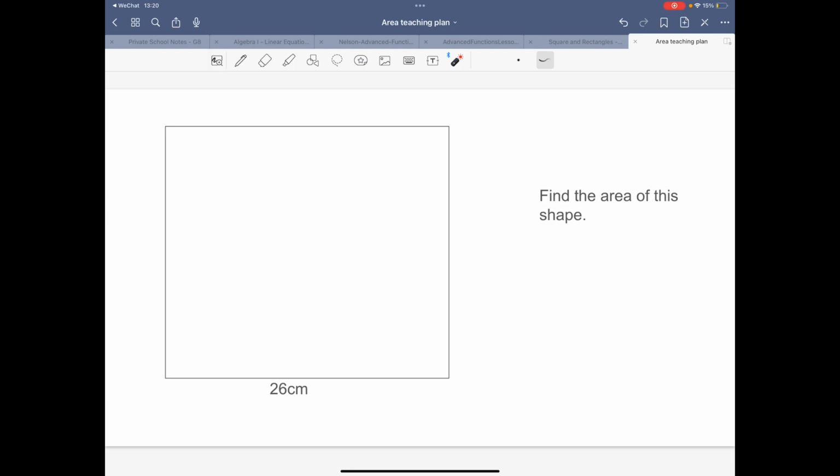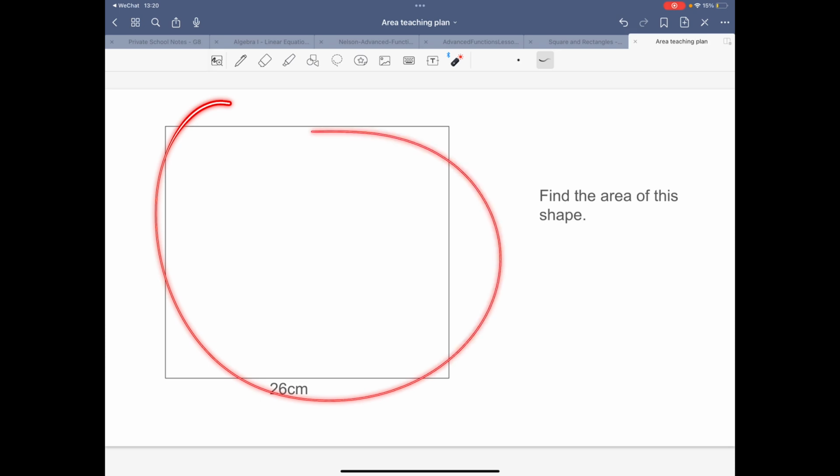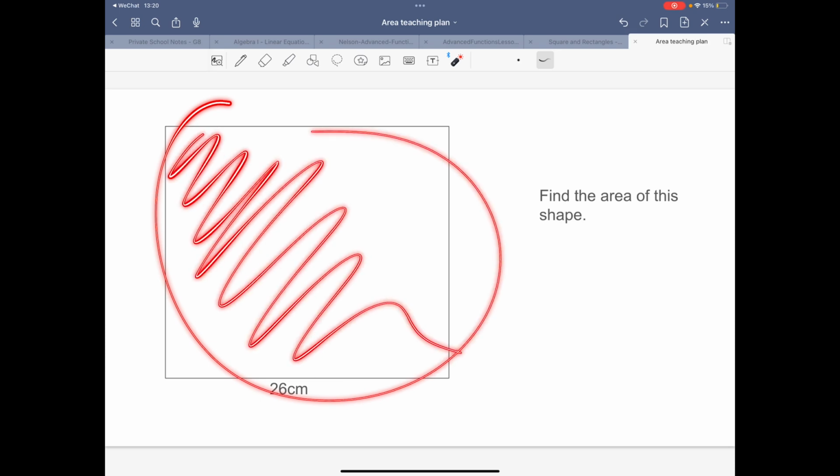Well, we practiced it on squares, and now we're practicing on rectangles mainly. But right now, for a little challenge, I put in a square here, and the length is 26 centimeters. And then I want you guys to find the whole area of this thing.